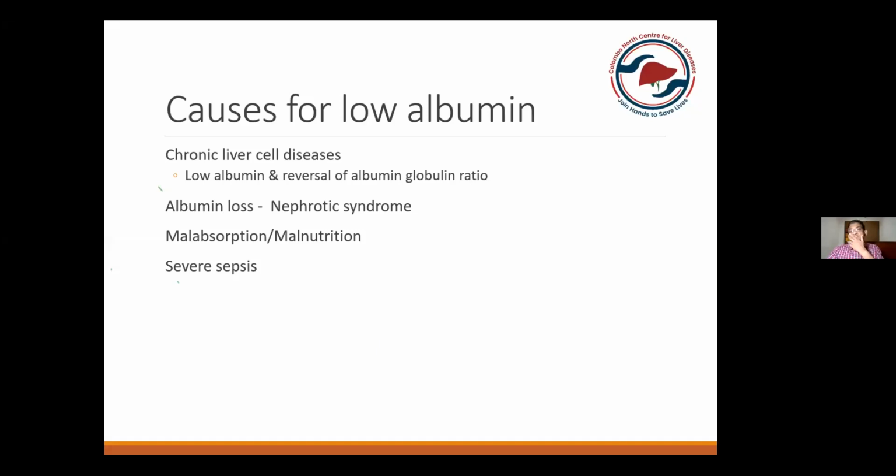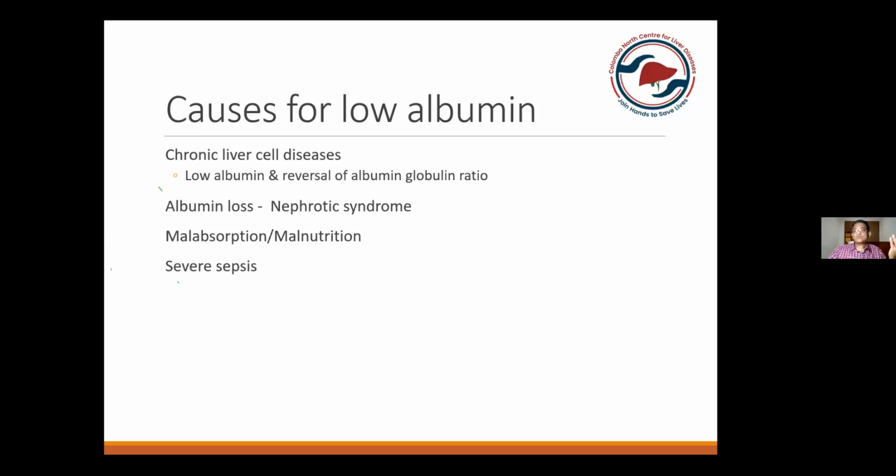Okay, so causes for low albumin: cirrhosis, obviously, with reversal of albumin globulin ratio. Then there are other causes for low albumin, like nephrotic syndrome, when you lose albumin in your kidneys, then malabsorption, malnutrition, then protein losing enteropathies like various illnesses such as celiac disease, Crohn's disease, lymphomas, where you lose proteins from the gut, and also malabsorption.